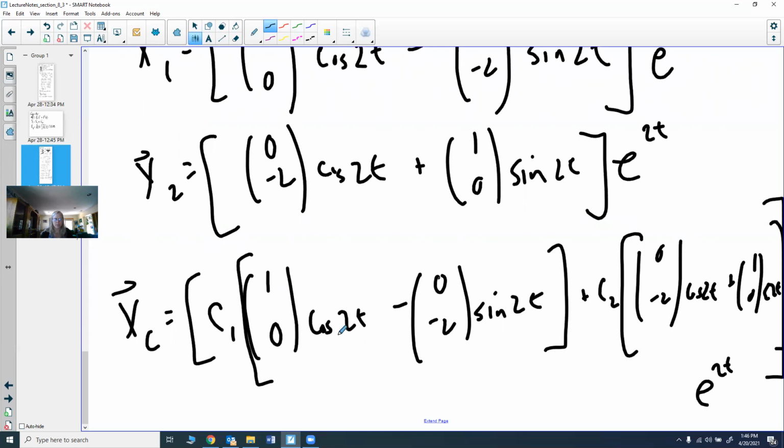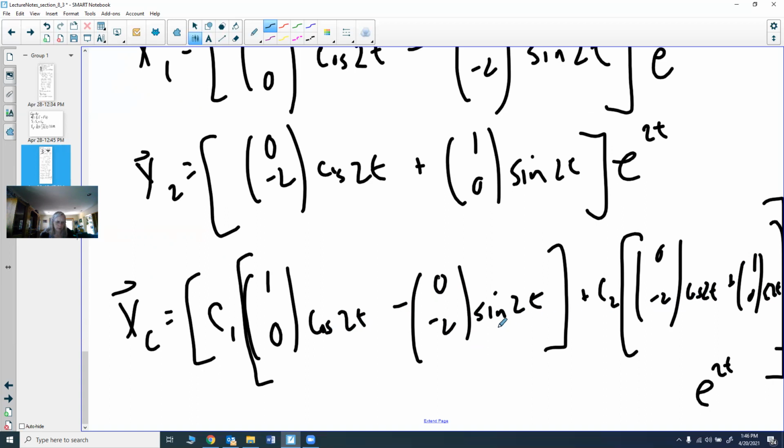But we're going to have 1 times cosine of 2t, then minus 0 sine of 2t. So it's just going to be cosine 2t. And then you're going to have sine of 2t for the other one. And then you're going to have sine 2t plus 2 sine 2t, minus 2 cosine 2t.